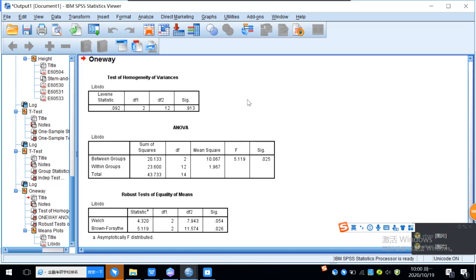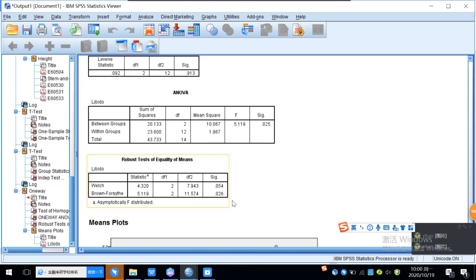Next, since it's equal, then the robust tests of equality of means, yes, we will not use this result. If this is less than 0.05, then we will look at the result here.